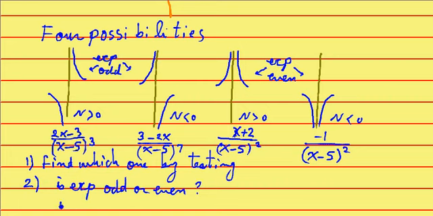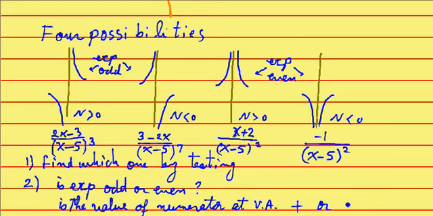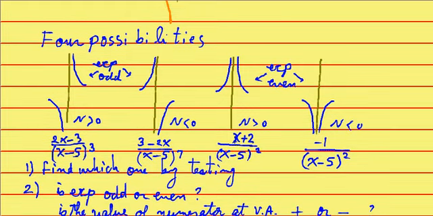Question number 2 is the value of the numerator at the vertical asymptote, positive or negative. Depending on what value the numerator takes, you get one of the 4 different possible pictures. Okay, that pretty much tells you the story of vertical asymptotes for rational functions.